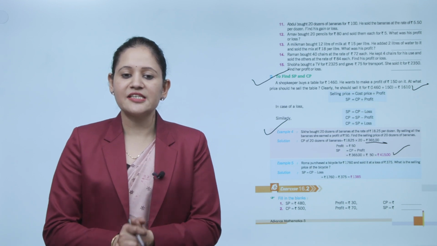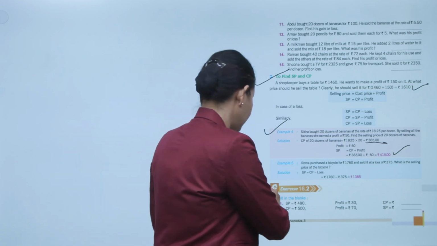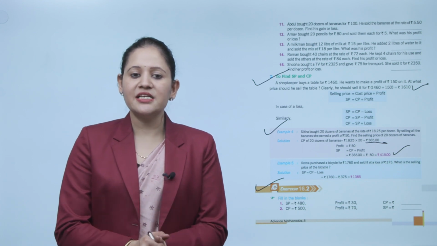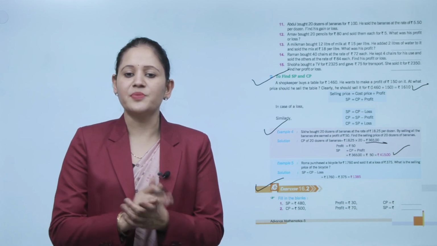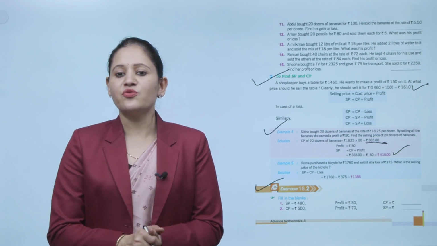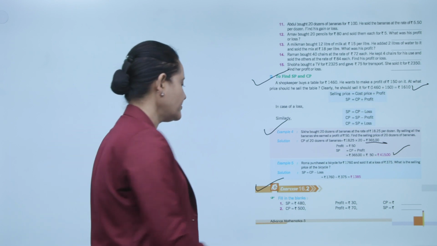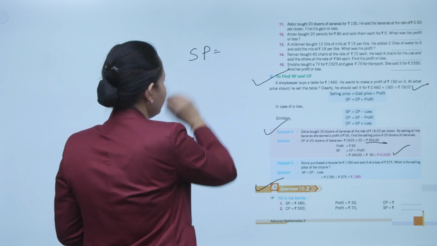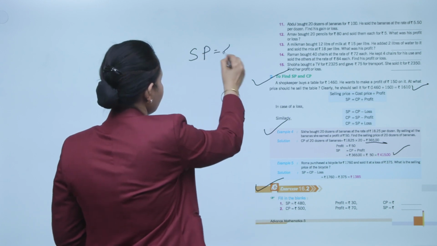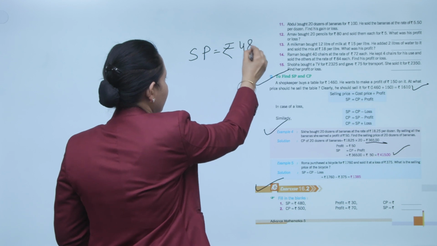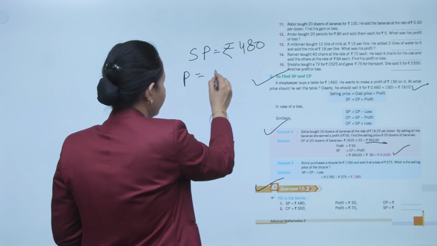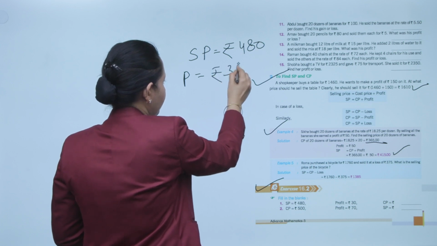Next is exercise 16.2. Fill in the blanks. Selling price rupees 480, profit rupees 30. So we have to find the CP. SP is given, that is rupees 480, and profit, that is rupees 30.